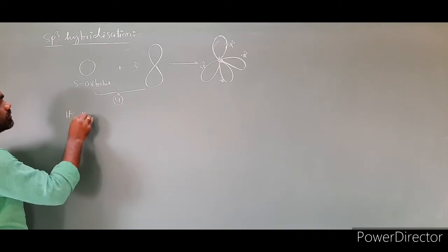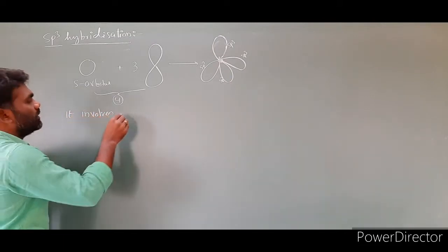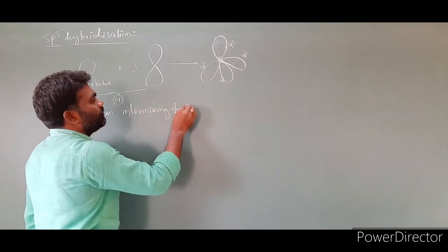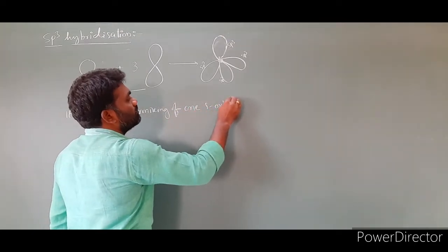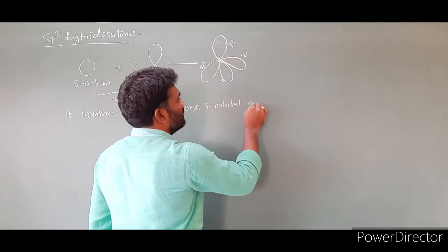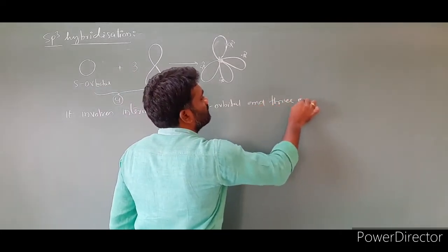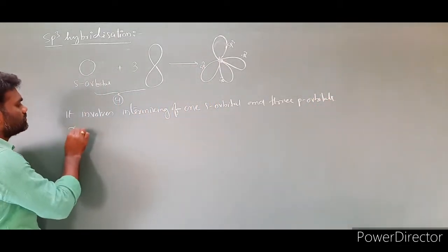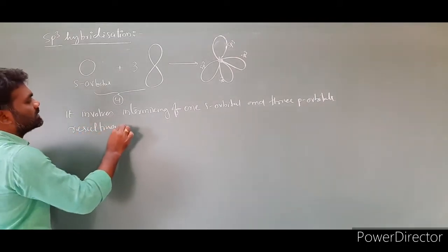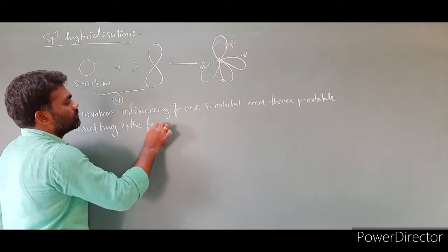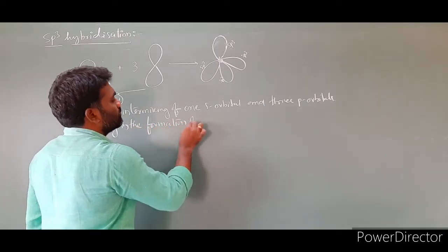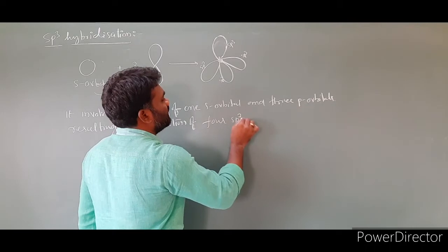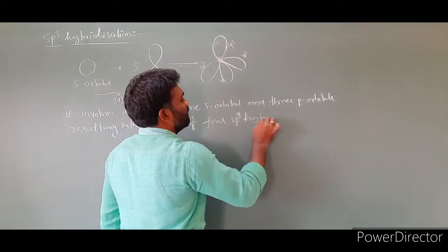It involves intermixing of one s orbital and 3 p orbitals, resulting in the formation of 4 sp3 hybrid orbitals.